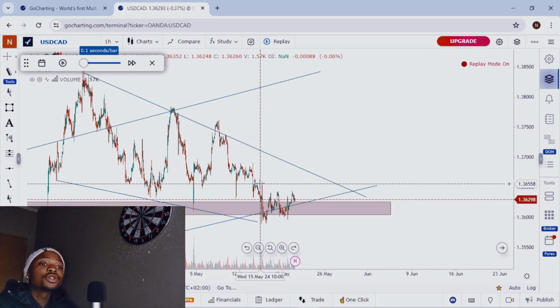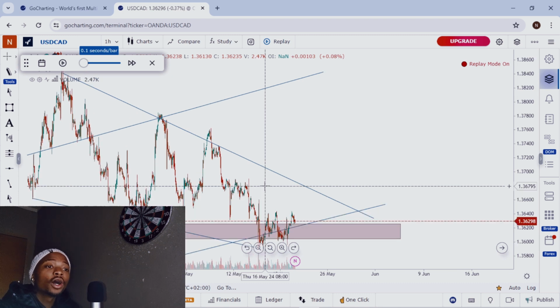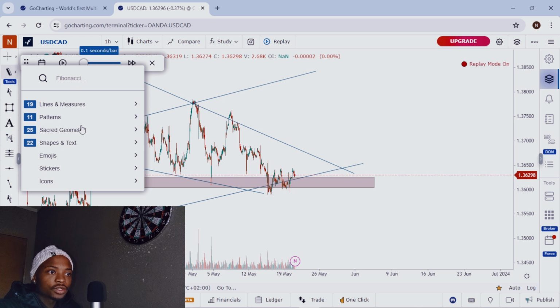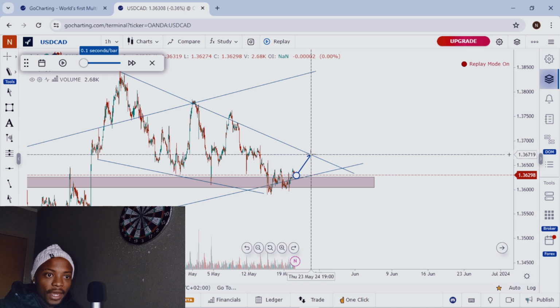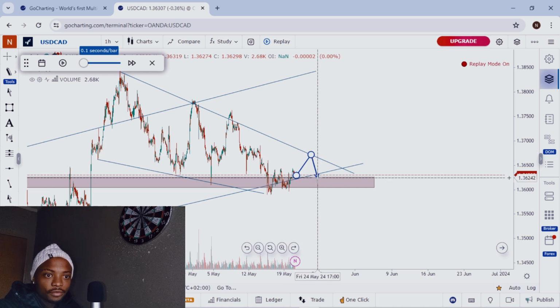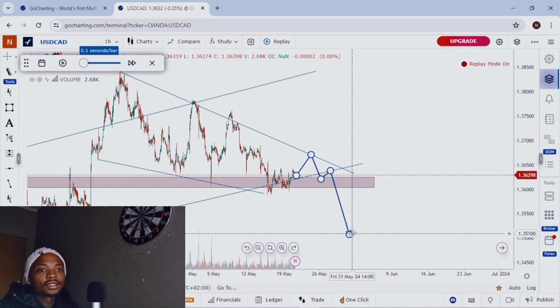So now to increase your chances even further, because what could happen, worst case scenario, price could just do something like this. Let me show you. Price could trick buyers into entering the trade, only for it to come down here and then just sell, right? That's worst case scenario.